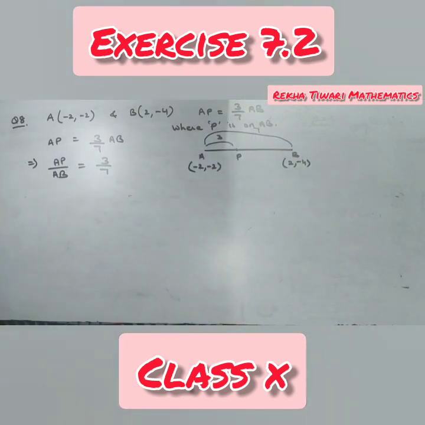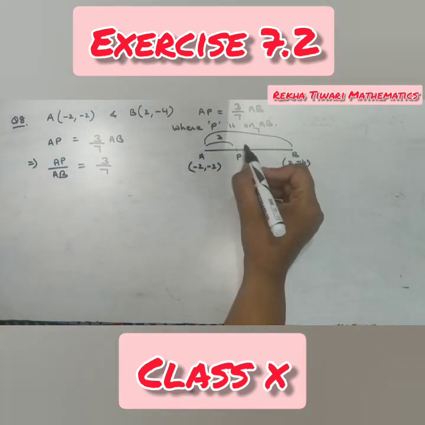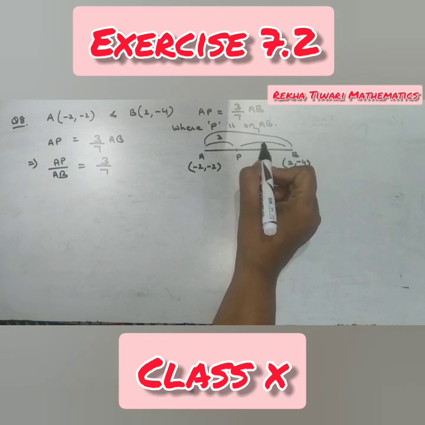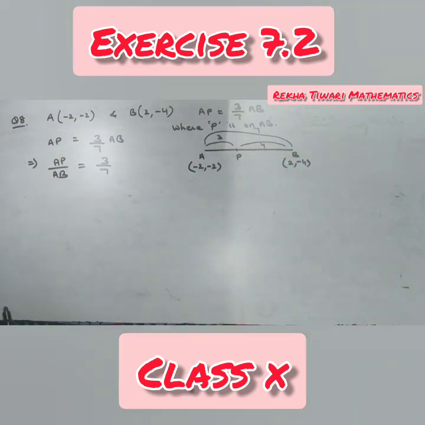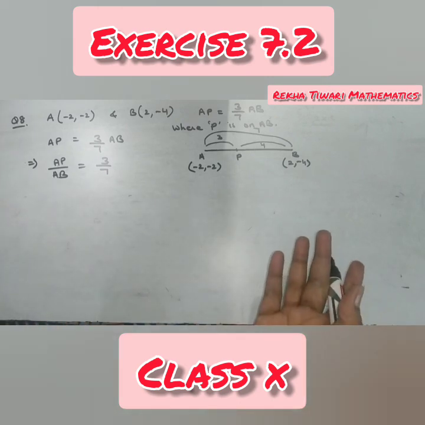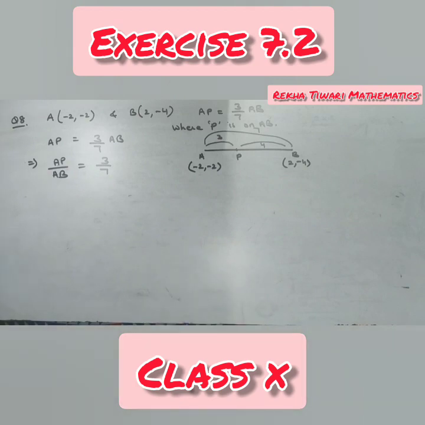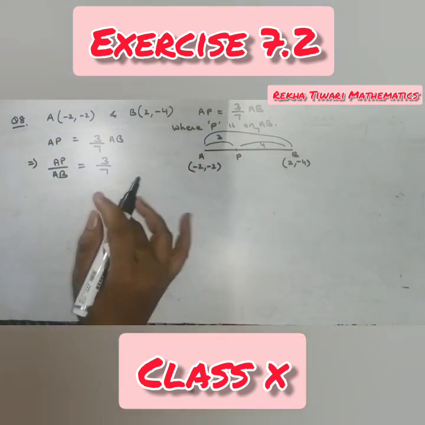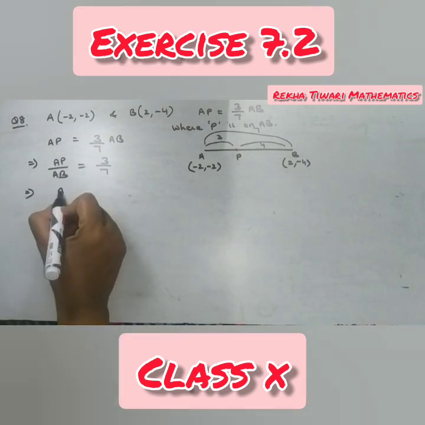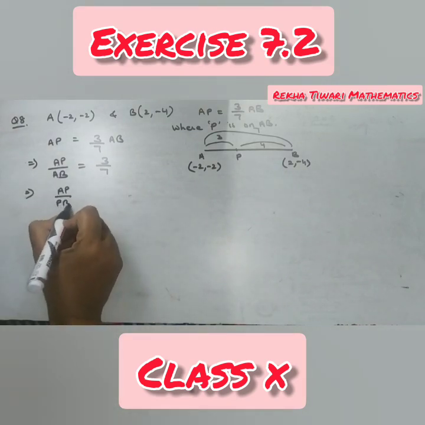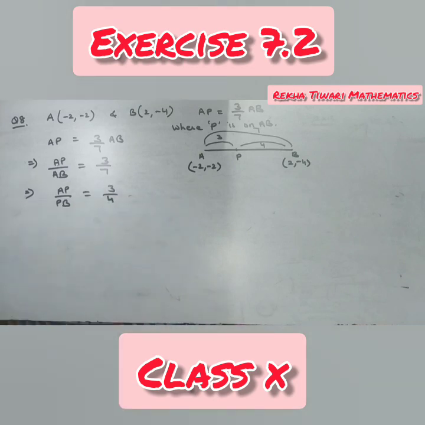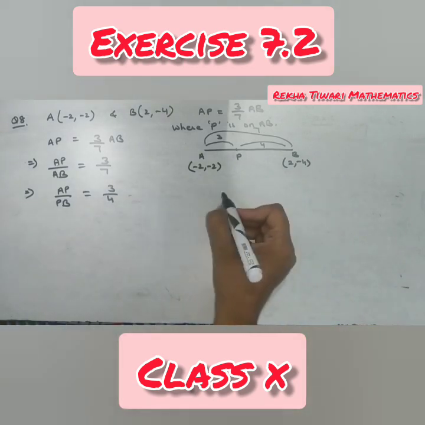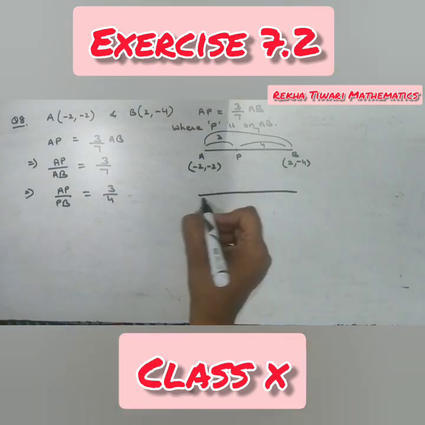The ratio of AP and AB is given. Could you find out PB? Definitely. This is 4. The whole part is given, and out of that some part is given to you, so I can easily find the rest. I have to find the ratio of the point of division. That means AP by PB is required. So this implies AP by PB is 3 by 4. Correct.